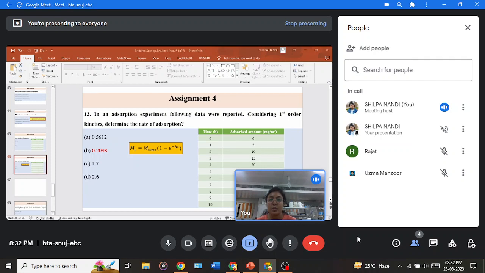The k is the rate of adsorption which we are going to find, and t is the particular time at which you are going to find k. So for every hour, 1, 2, 3, 4, as you can see, we can find 10 different k, right?